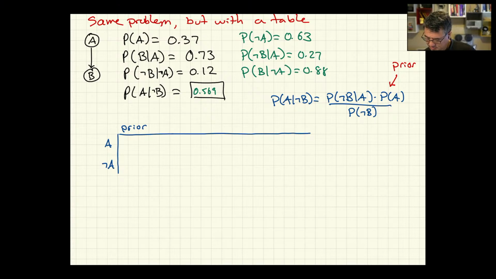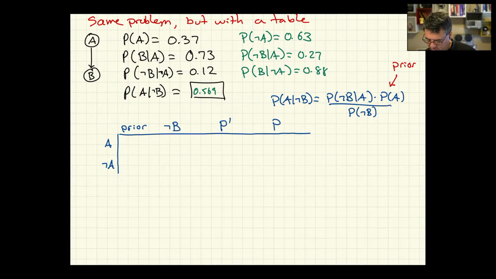So my dependent variable is not B. And then I'm going to have another column I'm going to label P prime. This is going to be like my partial probability. It's not my full probability. It's going to be an intermediate calculation. And then finally on the right-hand side, I'm going to put P, which is my final probability.